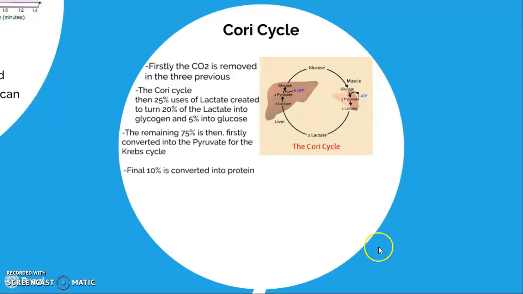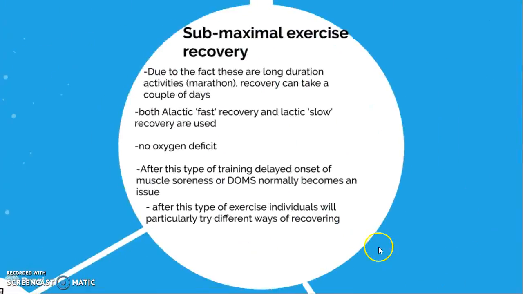The Cori cycle will then use 25% of the lactate to create glycogen, and 5% will turn into glucose, which can be used to re-energize the muscles and ensure that fatigue doesn't become a massive problem. The remaining 75% will then be converted into pyruvate acid for the Krebs cycle to re-synthesize ATP, and the final 10% will be converted into protein.